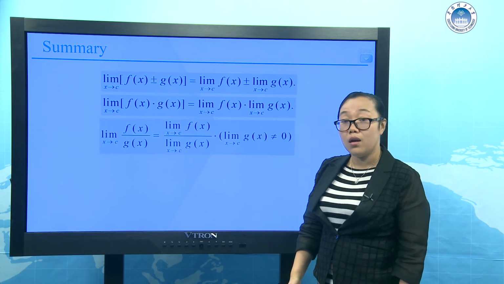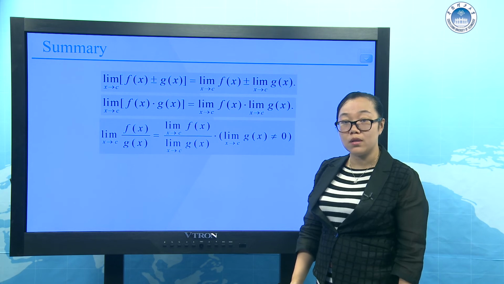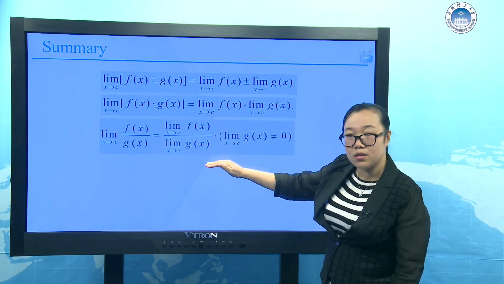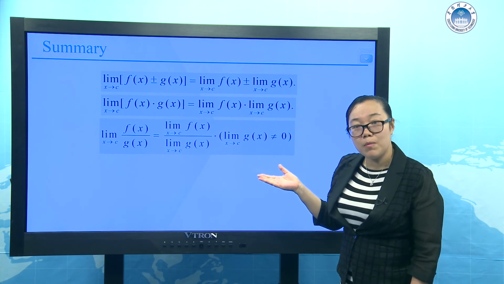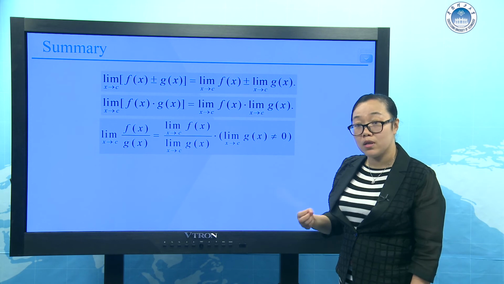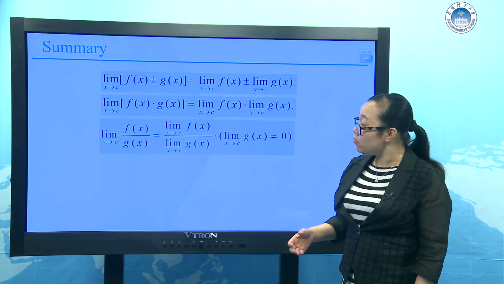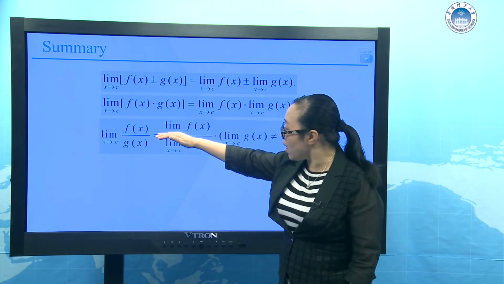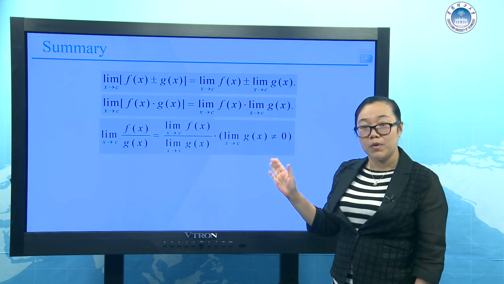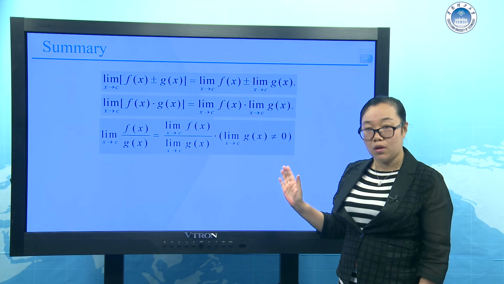The third: limit of f over g equals limit f over limit g, given the condition that the limit of g(x) doesn't equal 0. Do you remember our example? If you do questions like the limit of f over g, you should check whether the limit of g(x) equals 0 or not.